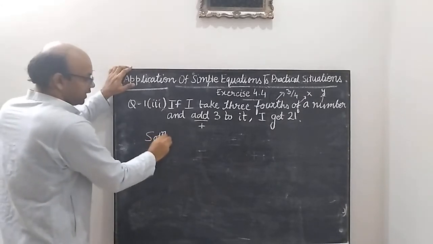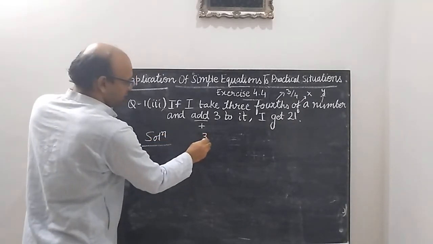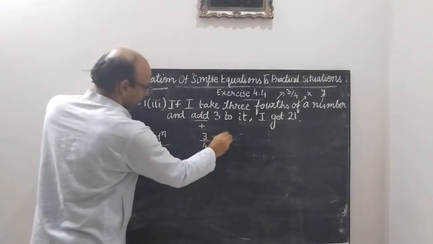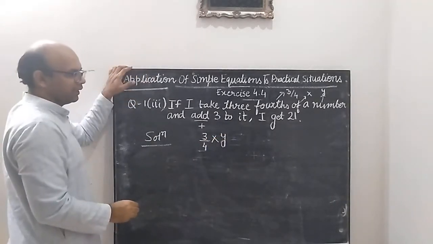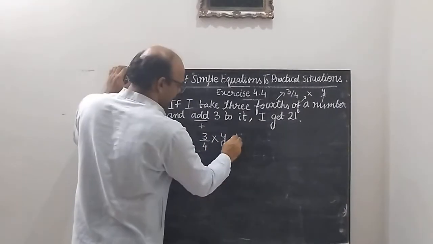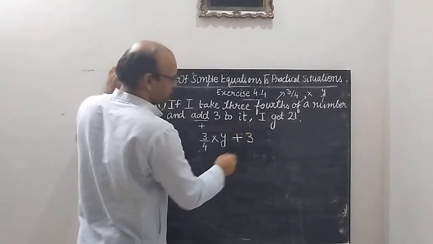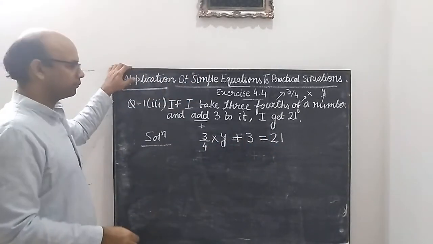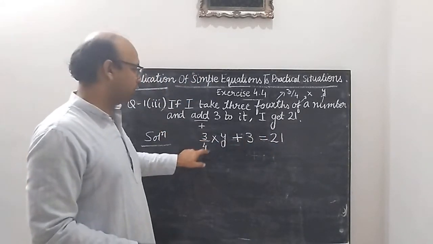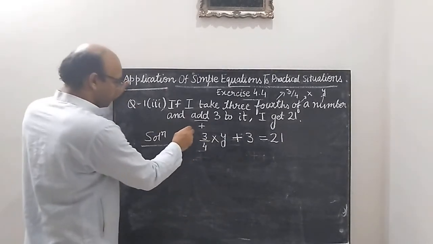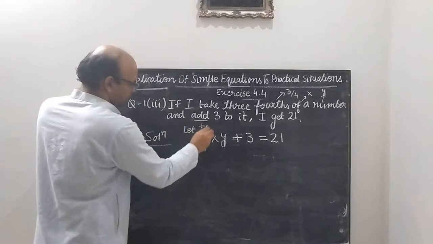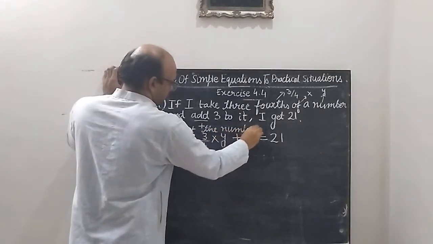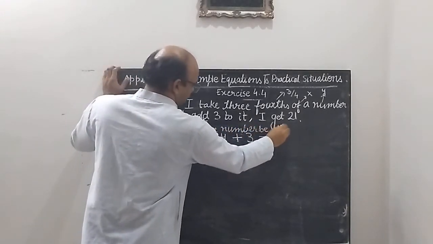So it says 3/4 of a number, 3 by 4 into y, and add 3 to it, we get 21. Please do not forget to write, let the number be y.